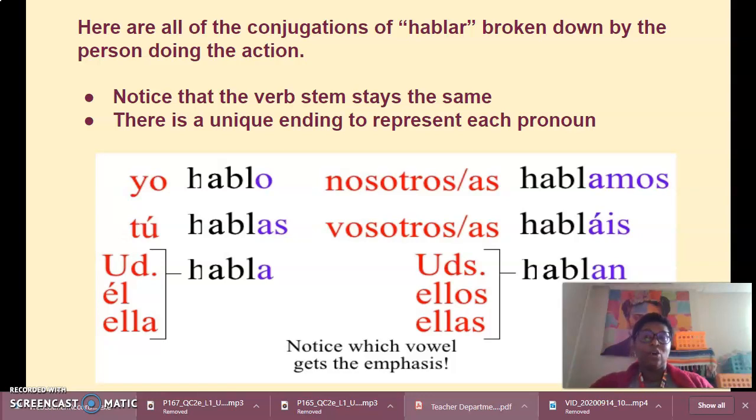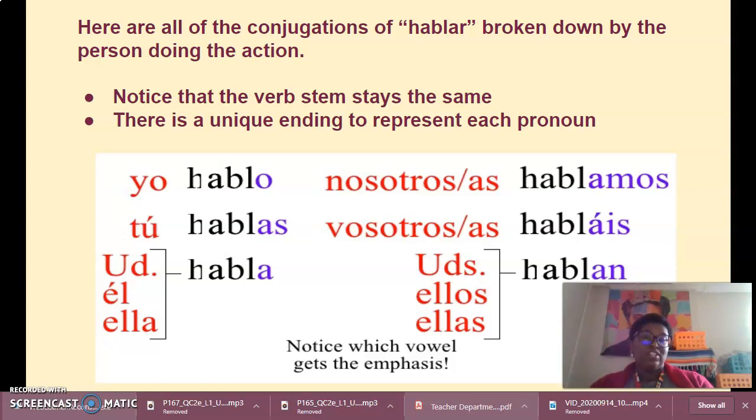For yo, it's o, tú, as, usted, él, and ella all share an ending. If you are a big English buff, you'll notice that these are first, second, and third person. Yo is first person, tú is second person, and then usted, él, and ella are all third person, and those are all singular. On the right hand side of the column, you have nosotros, which is we, that's first person plural, and that has the ending amos.